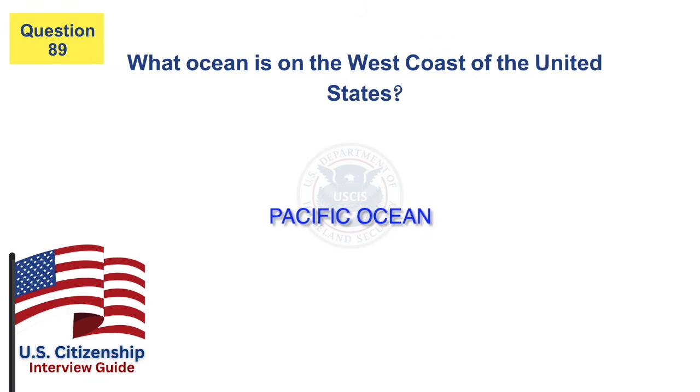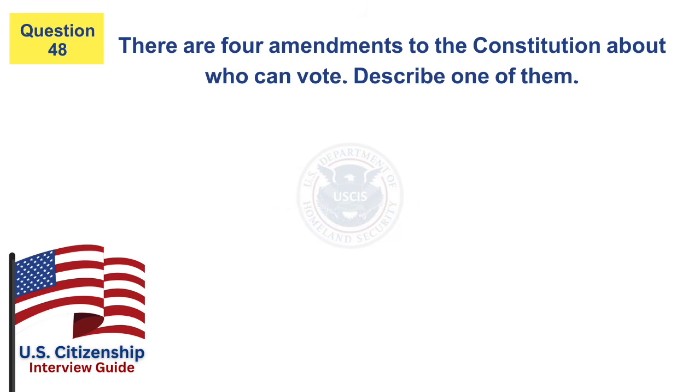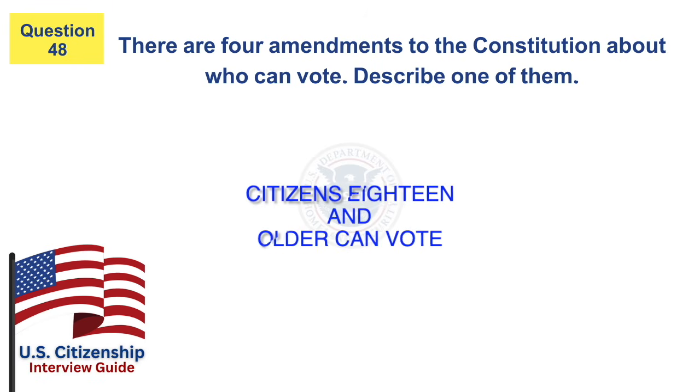Pacific Ocean. There are 4 amendments to the Constitution about who can vote. Describe one of them. Citizens 18 and older can vote.